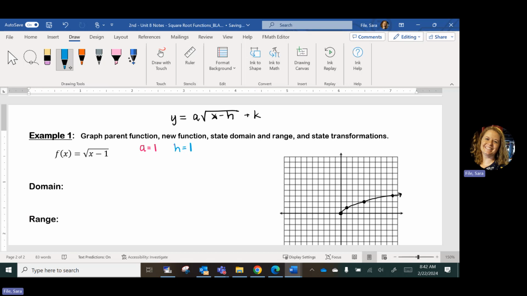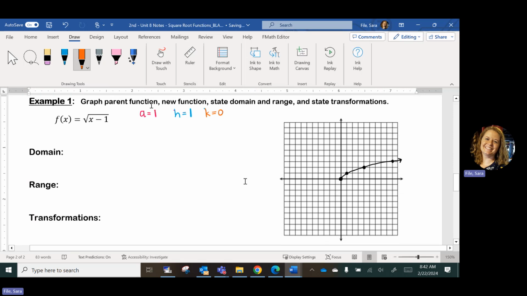Okay, and then your K, is there anything added or subtracted on the outside? Not under the radical, is there anything? No. So K is a 0. There's nothing added on the outside, so K is 0. So I've identified my A, H, and K, which is going to help me describe my transformation, and it's going to help me plot my vertex.